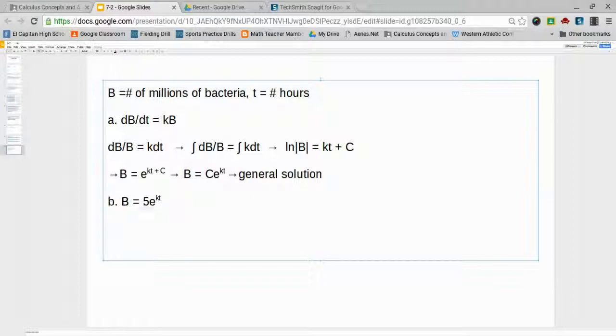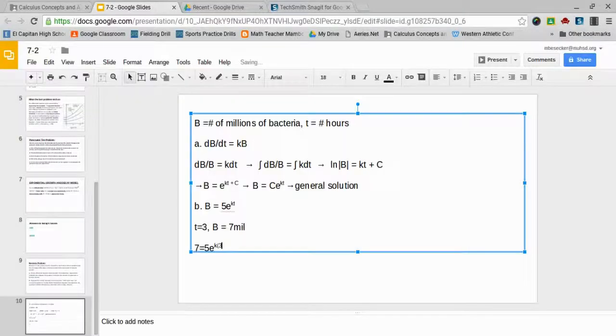Secondly, the second part of it says 3 hours later, the number has grown to 7 million. So that's telling me that when time is 3 hours, the bacteria is 7 million. Okay. So all I'm going to do is substitute that into my equation. So 7 equals 5e to the k times 3, because there's time.